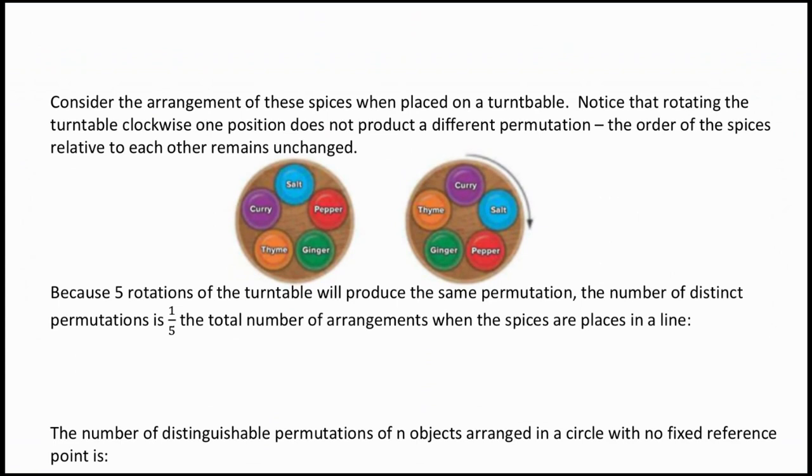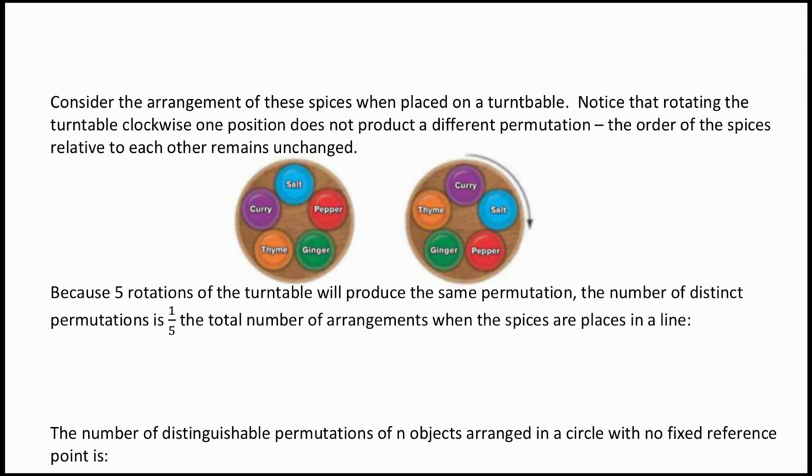Alrighty. So we're considering the arrangement of these spices placed on a turntable. This is called a lazy Susan. Notice that rotating the turntable clockwise one position does not produce a different permutation. The order relative to each other remains unchanged.